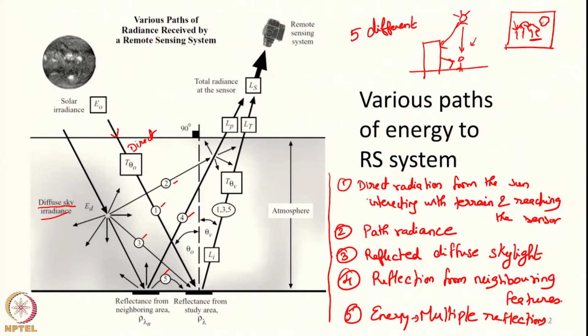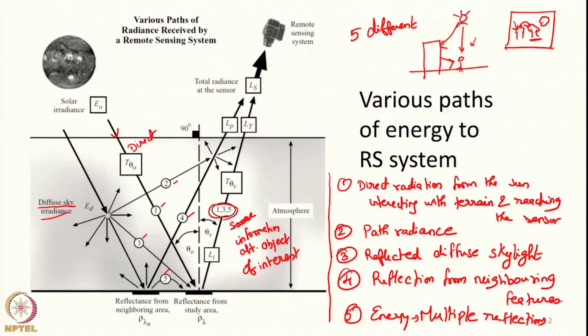If you look at path 1, 3 and 5, that is the one which carries information about the object of our interest.